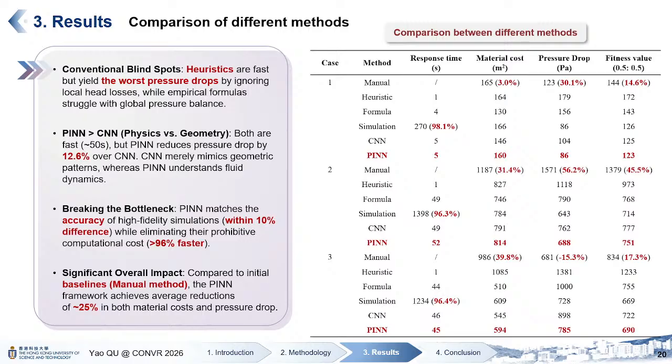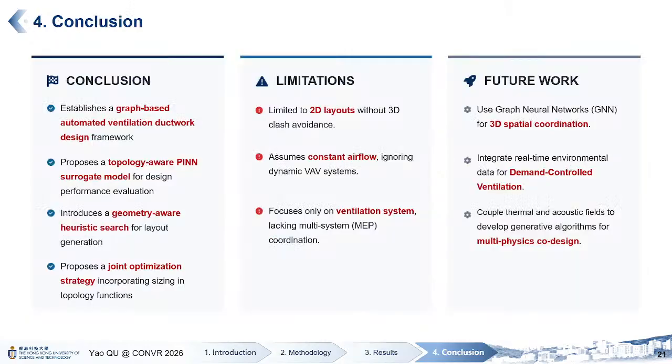And compared with the initial baseline, the manual method, the PN framework achieves an average reduction of about 25% in both material cost and pressure drop.